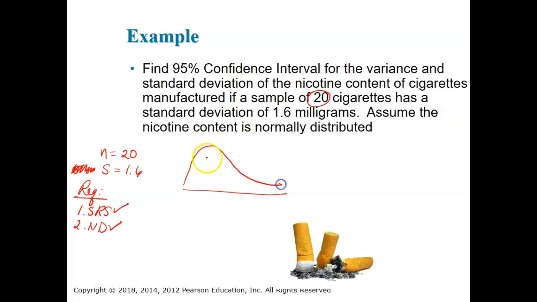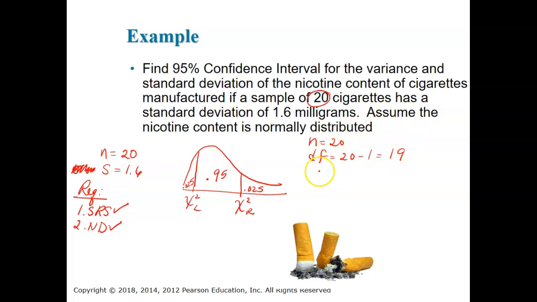When I go and find my critical values, this one we said was 95%. So it looks very much like the sketch of the previous one, with the exception being we have a different degree of freedom. So our sample size is 20. That means my degree of freedom is one less than that, or 19.